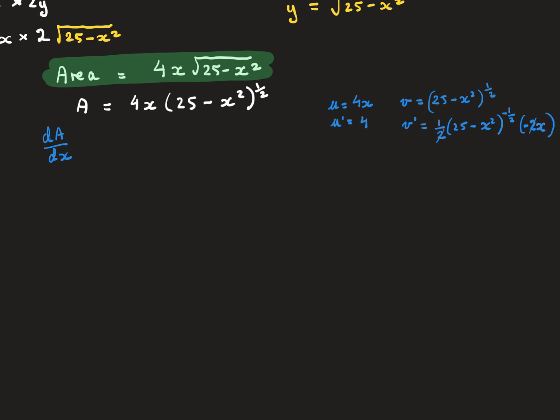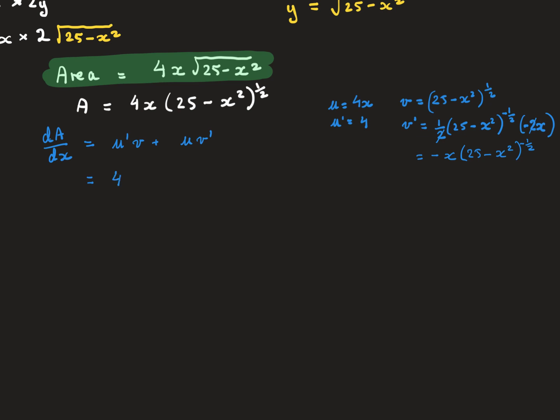The 2 and the 2 cancel, so we just get minus x times 25 minus x squared to the negative a half. Now when we want to put it together, it'll be u dash v plus u v dash. That's our formula. So let's fill it in.